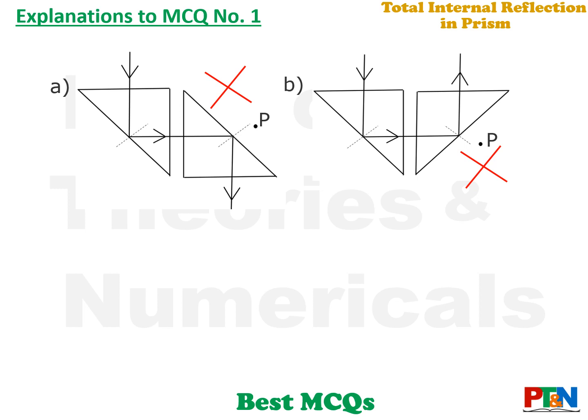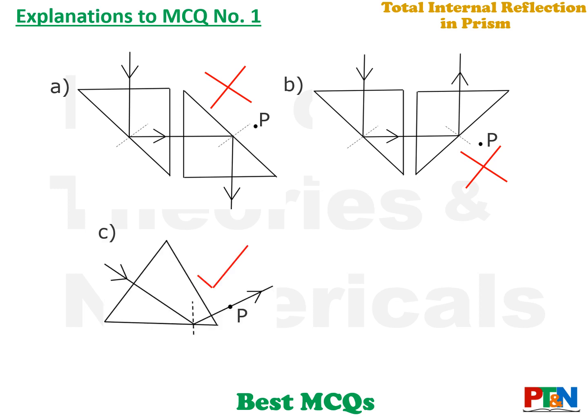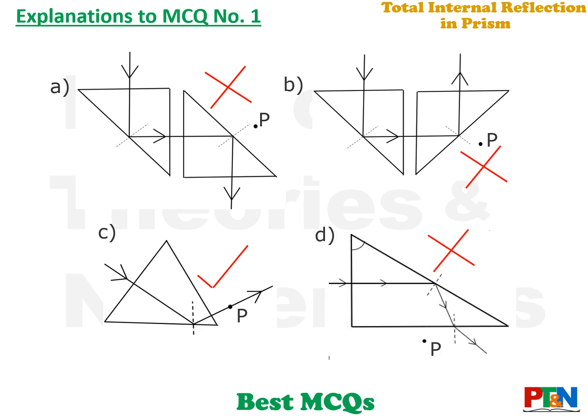Here also the outgoing ray is not close to point P. Third option, there will be only 1 internal reflection and you can see the outgoing ray will be going through the point P. So that is the option. Let's see the 4th option also. The 4th one, here you can see there is only 1 internal reflection, then the ray comes out from the prism. But the outgoing ray is not close to the point P. So your option is C.